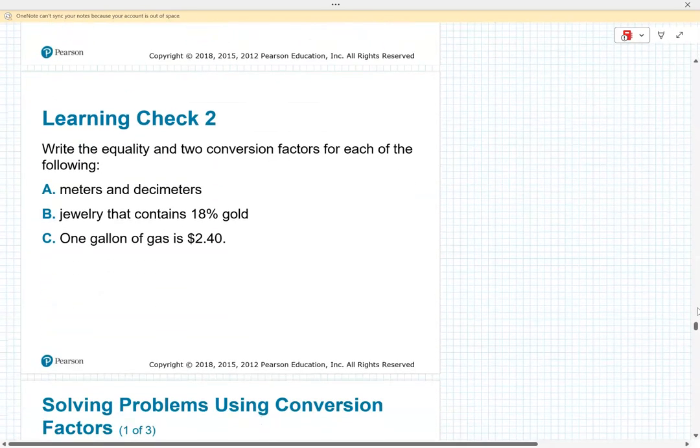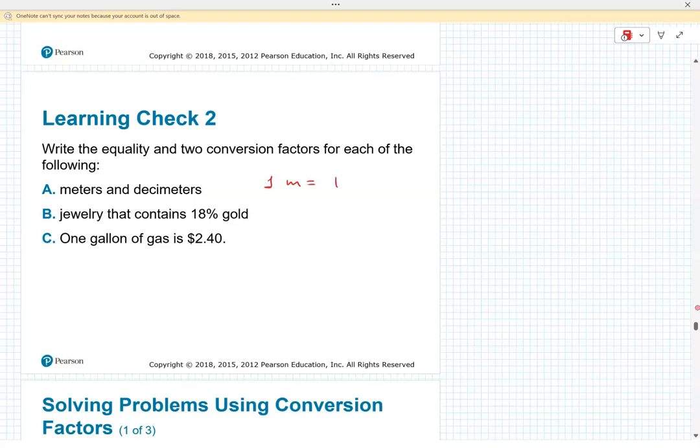Again, meters and decimeters. 10. That's B, nice. What is percent?